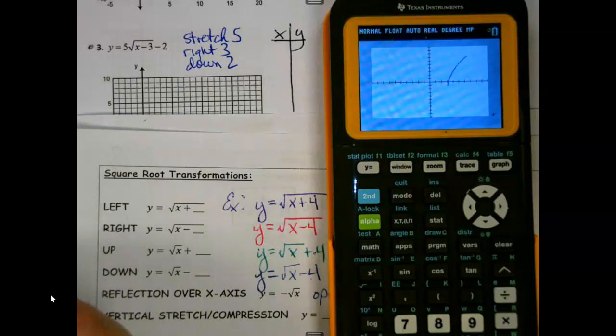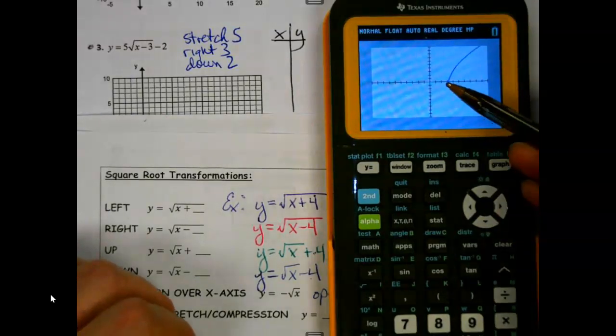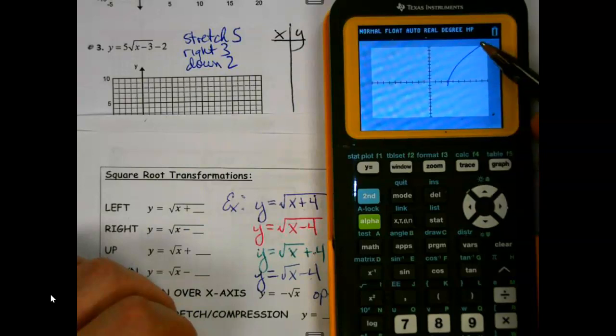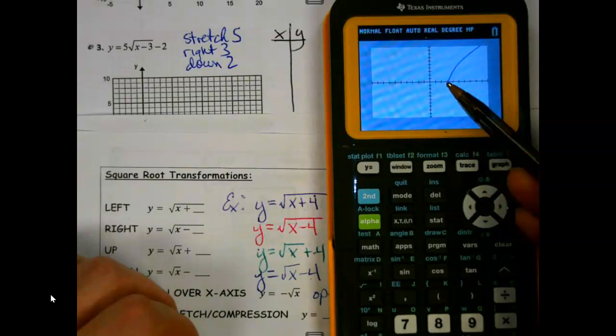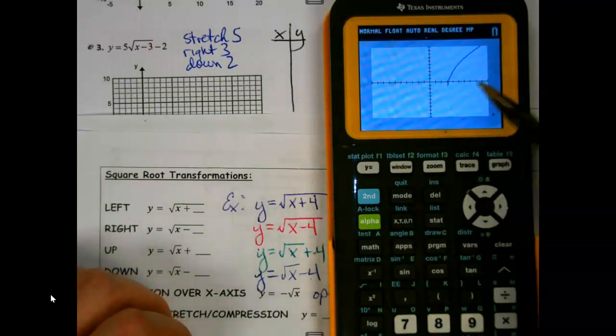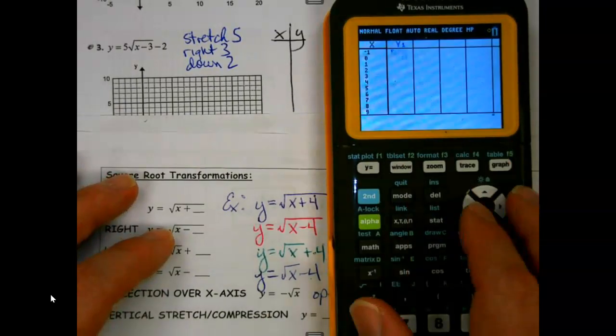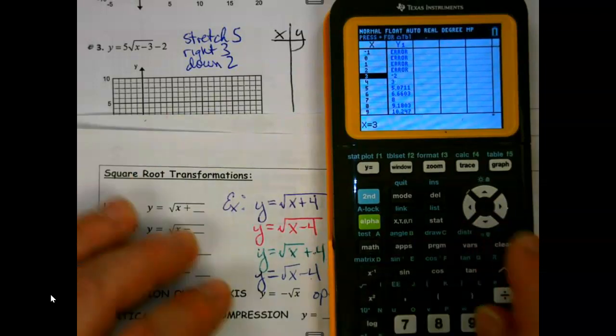And I can see a few things when I actually graph it. First, I can see definitely there's a stretch. That's gotten a lot wider. I've moved right, and it's moved down a little bit. So I'm feeling pretty good that I'm saying the right things so far.